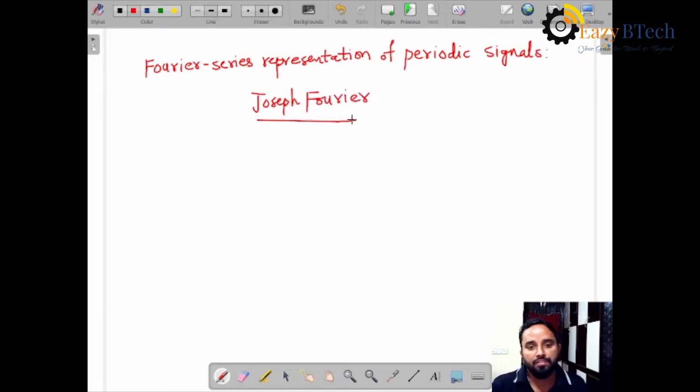So what is the meaning of Fourier series representation? This concept is applicable for periodic signals only.